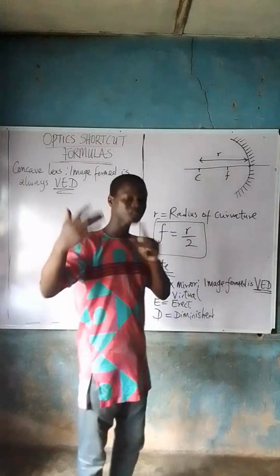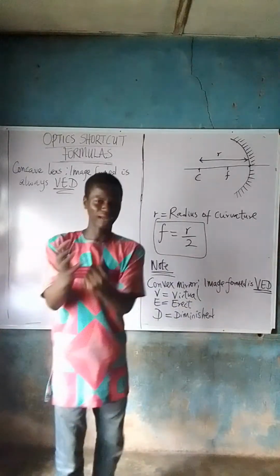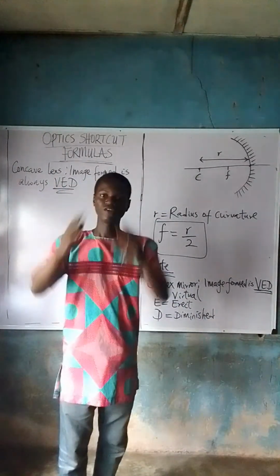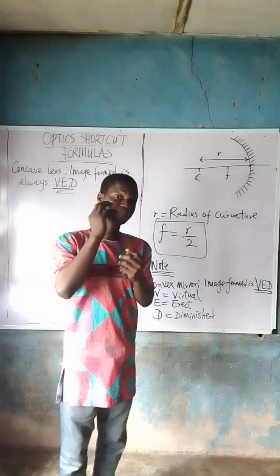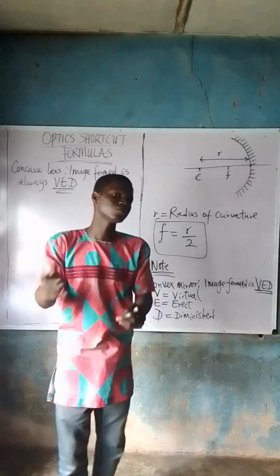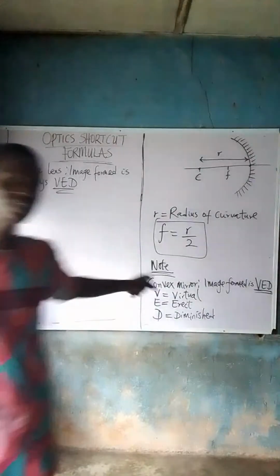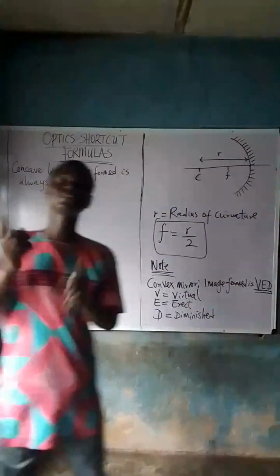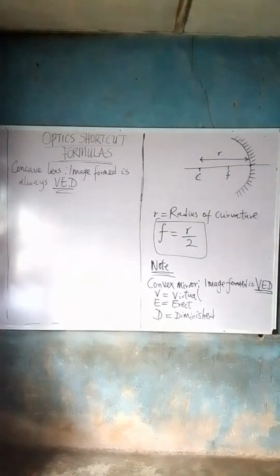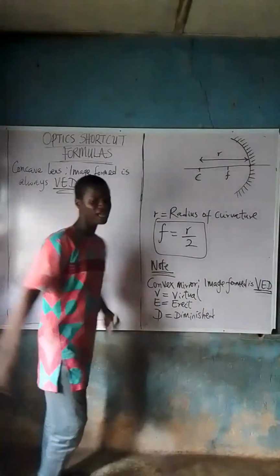What happens with a convex mirror is that it will make the image smaller so that you can get a clearer picture of all parts of the face. If it's bigger, you will only be seeing a small part of the beard, is it not? But it will make the image smaller so you can see a fuller part of the face and be monitoring your shaving. I hope that is clear. So it is convex mirror that is used to make shaving mirror. Take note of that.